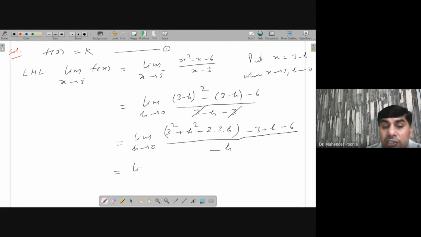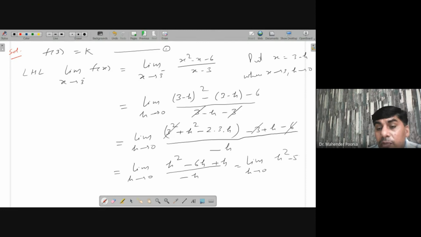Then minus 3 plus h minus 6 divided by minus h, which is equal to limit h tends to 0. 3 square is 9. Minus 3 minus 6 is minus 9, so this plus 9 is cancelled with this minus 9. The remaining part is h square minus 6h plus h divided by minus h, which is equal to limit h tends to 0, h square minus 5h divided by minus h.